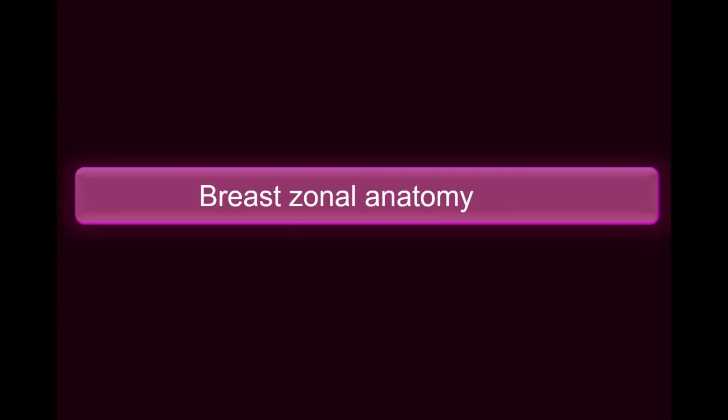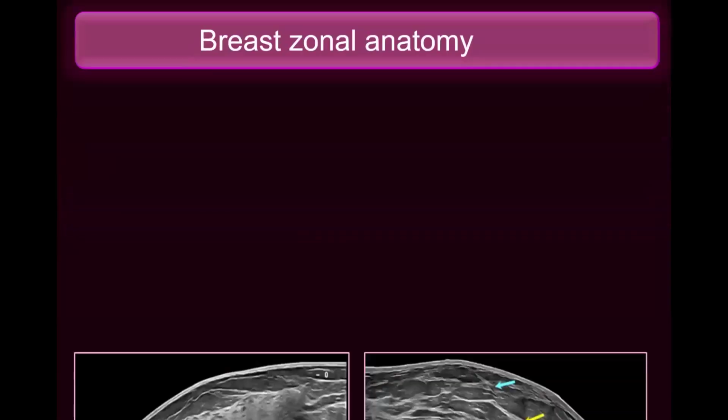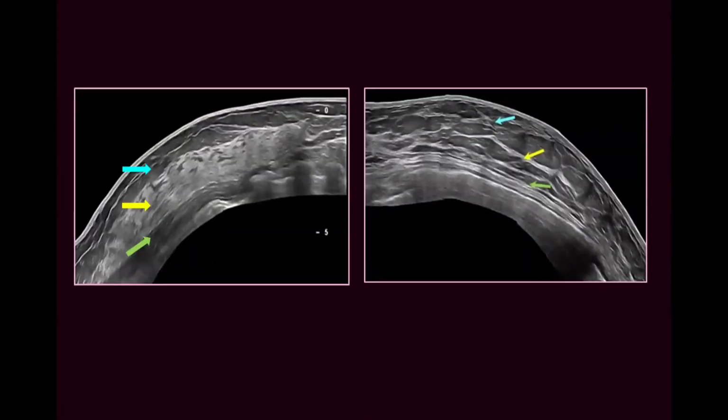Today, we are going to talk about breast zonal anatomy. Here we have two panoramic ultrasound views, one for a glandular breast on the left, while the other is for a fatty breast on the right.